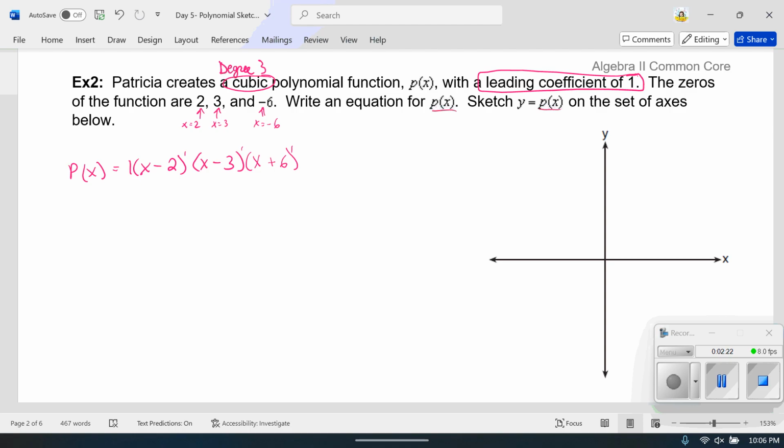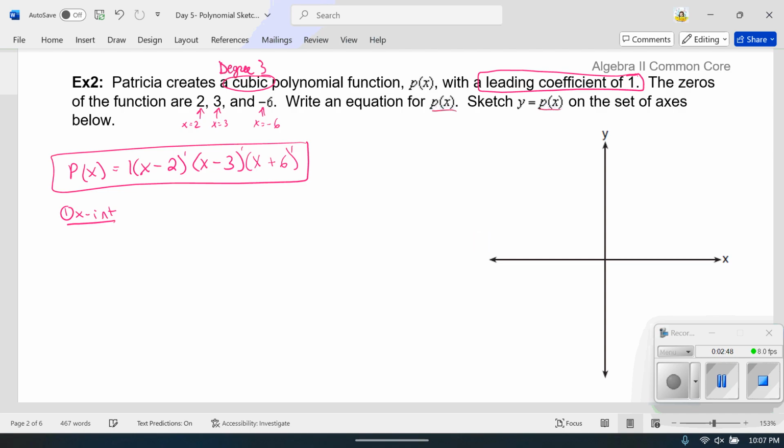But now that you have the equation, you can do 2 things. You could just put it in your calculator and see how the graph goes, or you can graph it without the calculator, and that's very beneficial to know how to do that. So if you would like to graph it without the calculator, we'll box this in as an answer. But without the calculator, you have your x-intercepts.